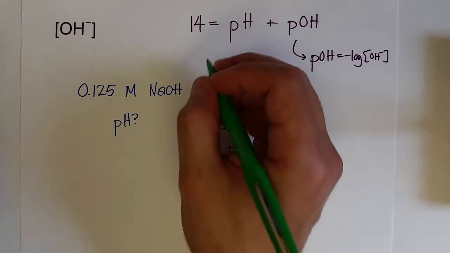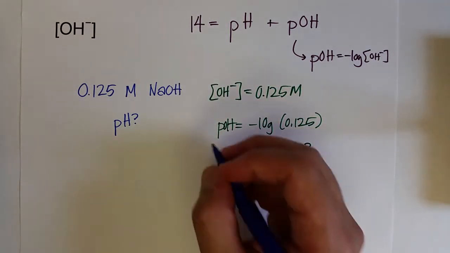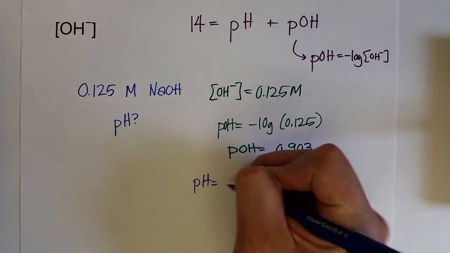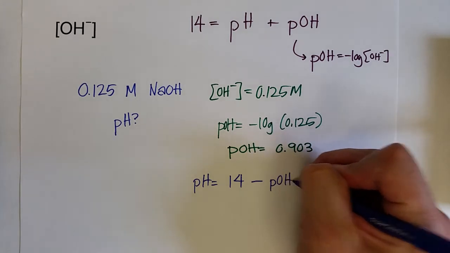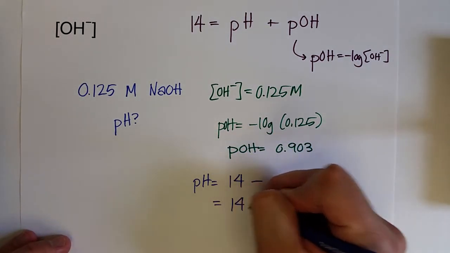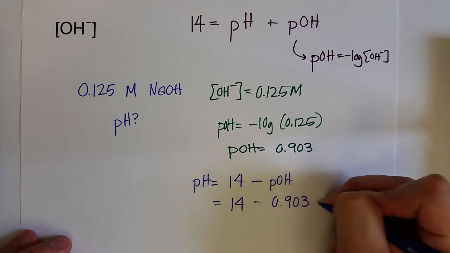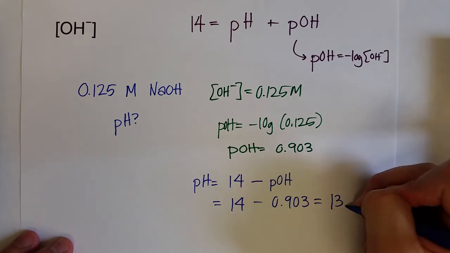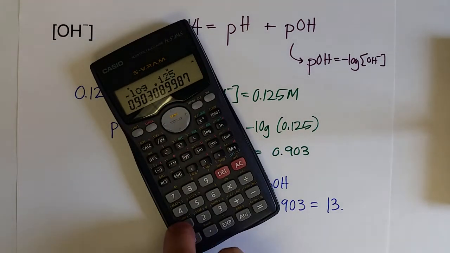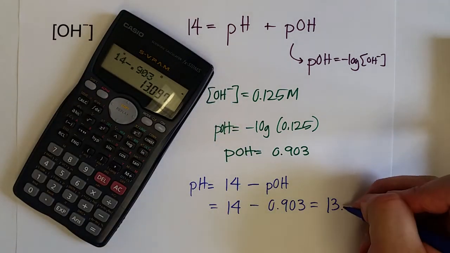And then if I want to find the pH, I would rearrange that above equation to say that pH is equal to 14 minus the pOH. And then just simply calculate that. 14 minus 0.903, and so that's 13.097.